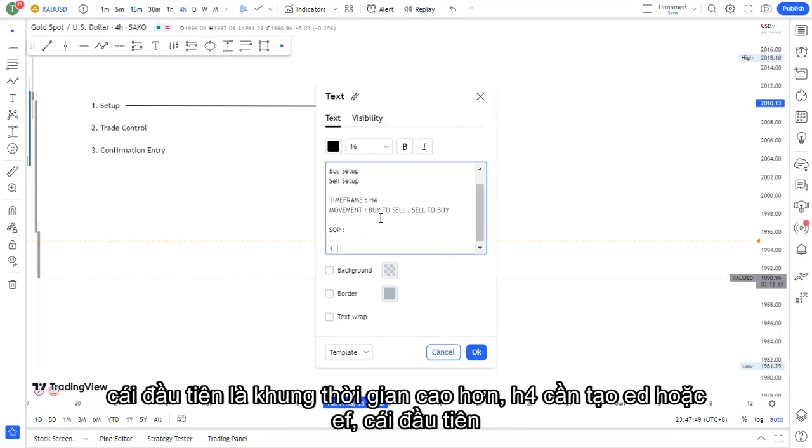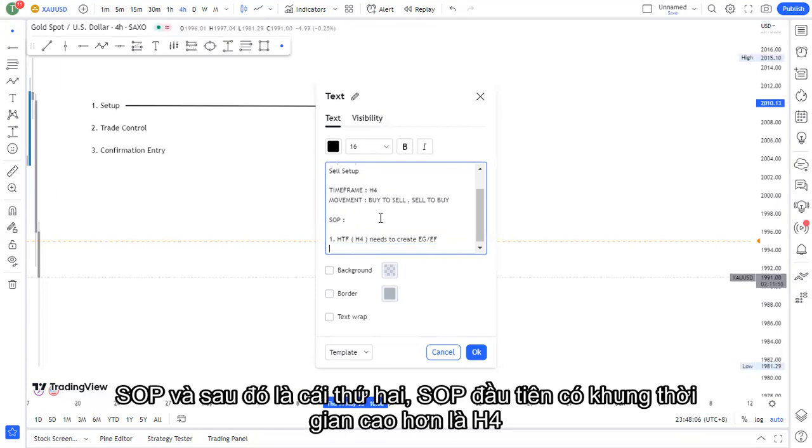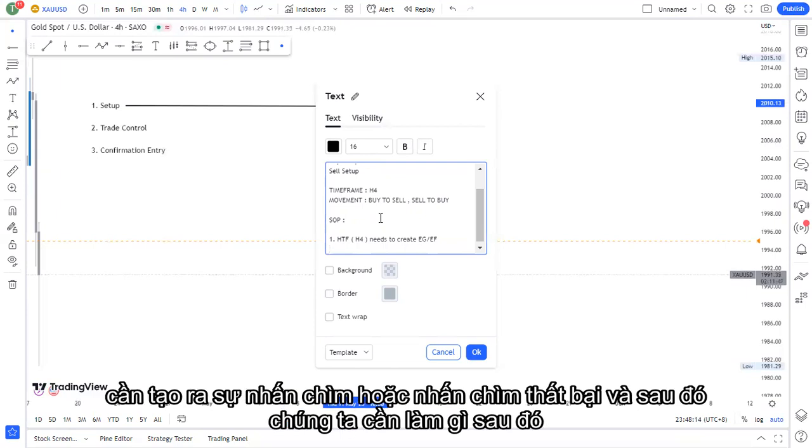The first SOP is that the higher time frame, which is H4, needs to create an EG or EF, engulfing or engulfing fail.